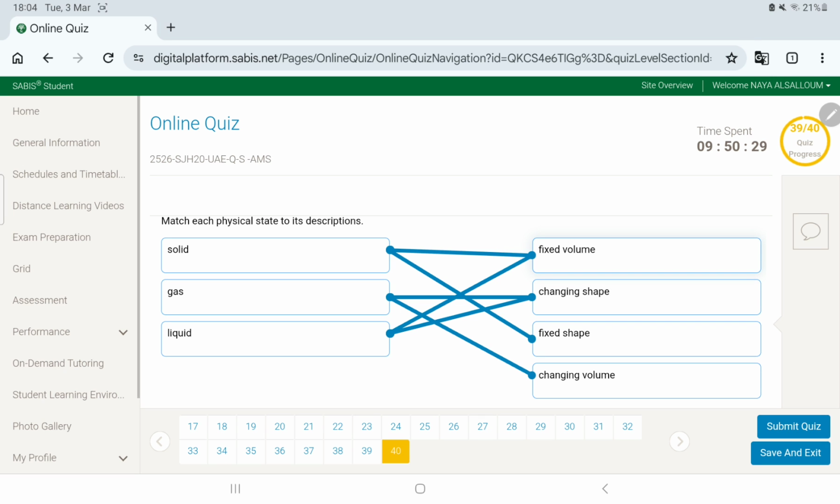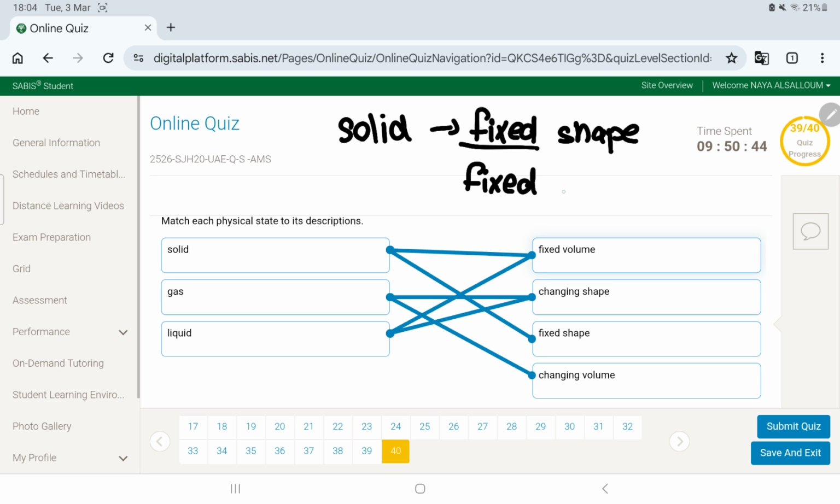Now, how would I think? Solid has fixed shape and fixed volume. Right? Gases have a changing shape.